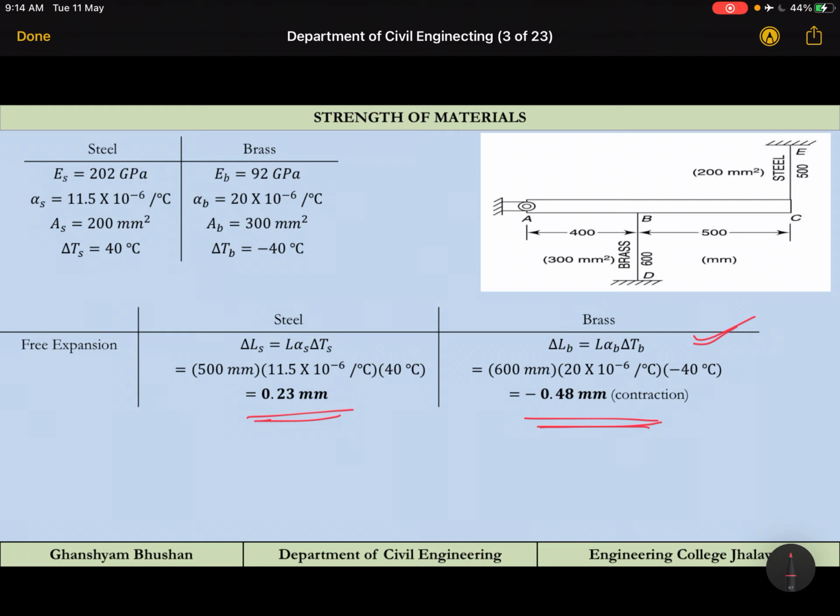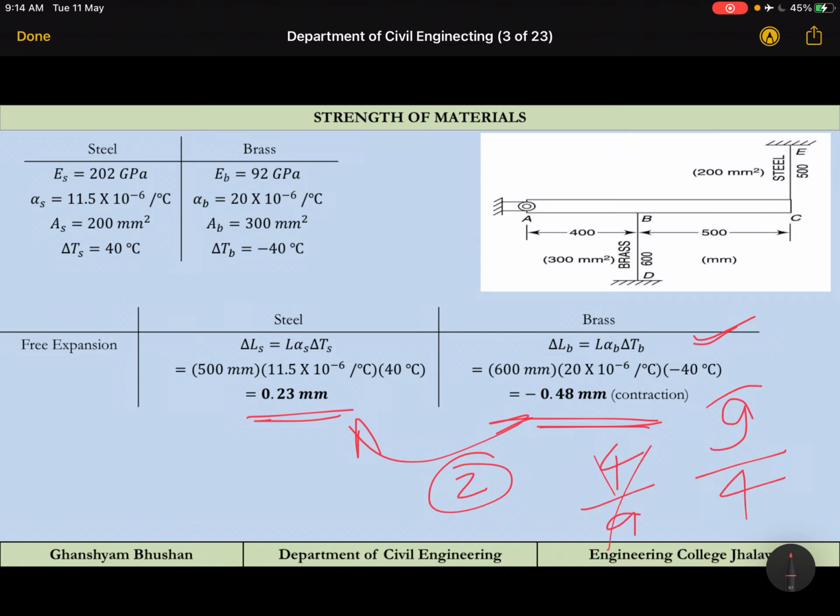Directly I can see this is almost 2 times, 2 point something. Clearly it is not 9 by 4 or 4 by 9, it is 2.25, so certainly it is not close to this ratio. That means the temperature stresses will come into the picture.